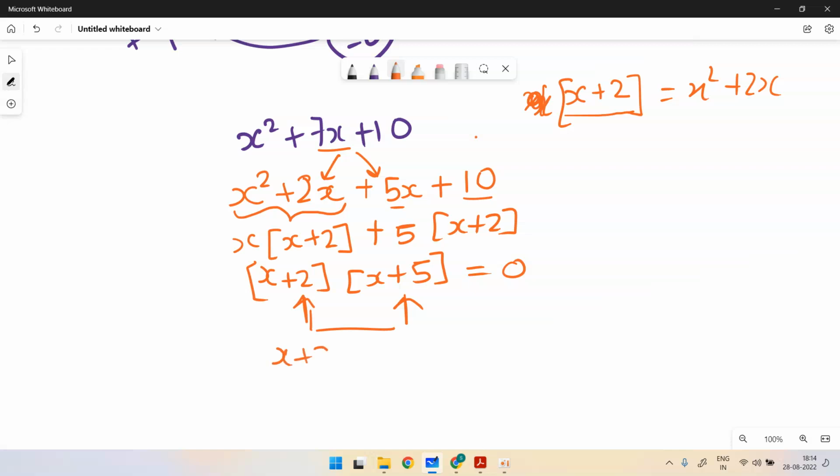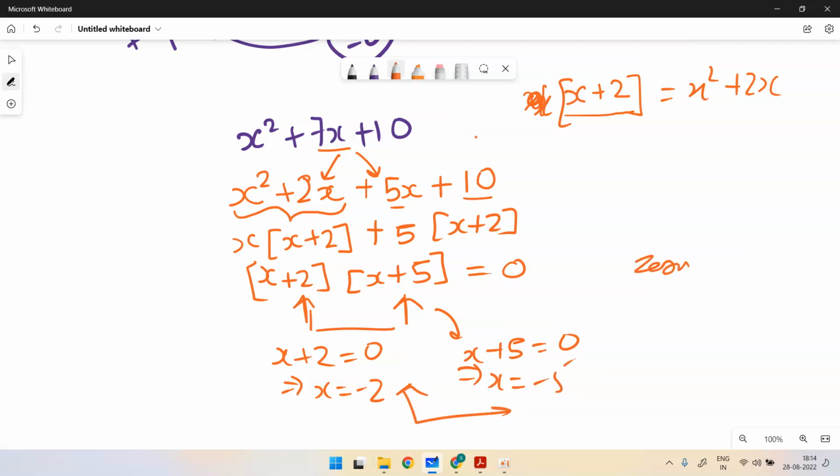From here x plus 2 equals 0, which implies x equals minus 2, and from here x plus 5 equals 0, which implies x equals minus 5. These both are zeros of the equation p of x equal to 0.